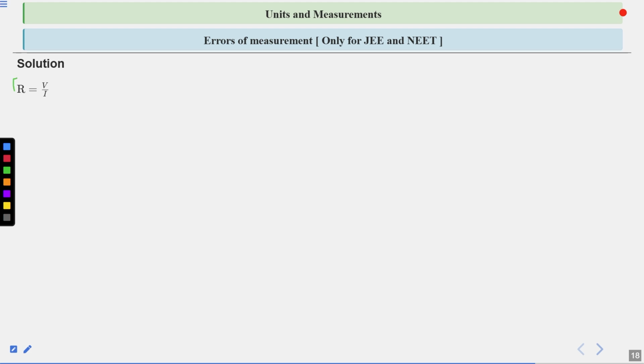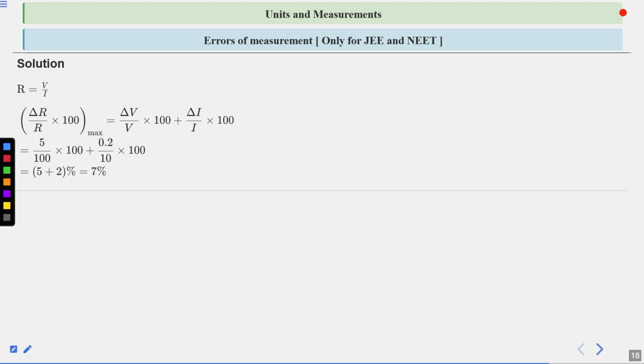The formula is R is equal to V by I. If we want to calculate the percentage error, first of all we calculate the relative error. The relative error is ΔR by R, and if we multiply it with 100, it will become the percentage error. Now for V by I, it will be ΔV divided by V into 100. This is only the relative error.